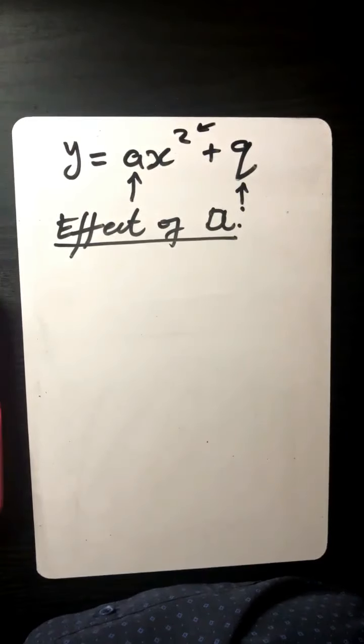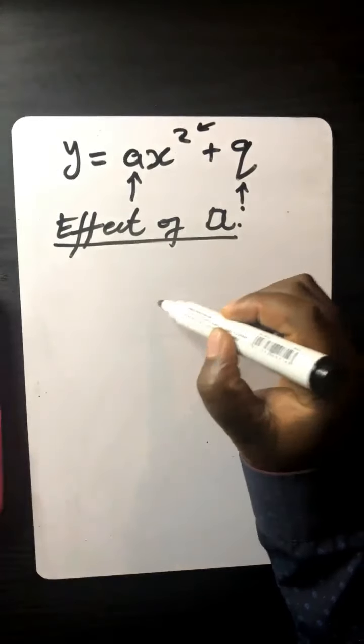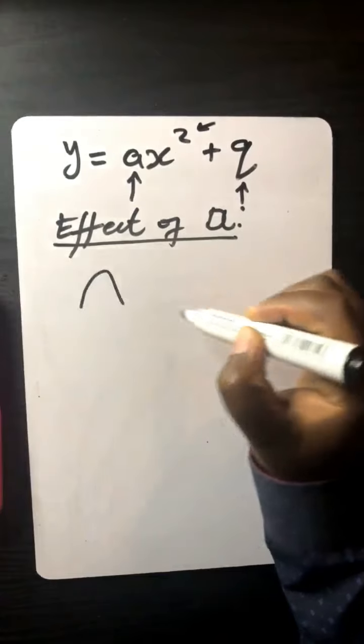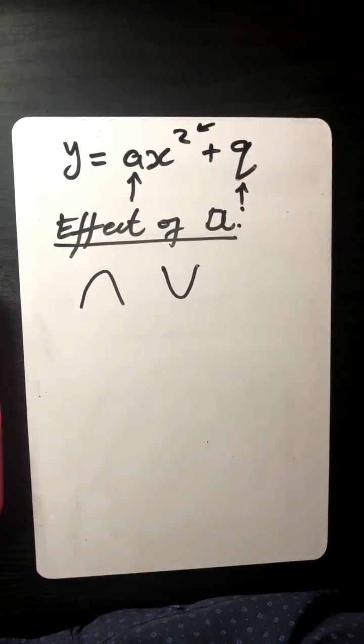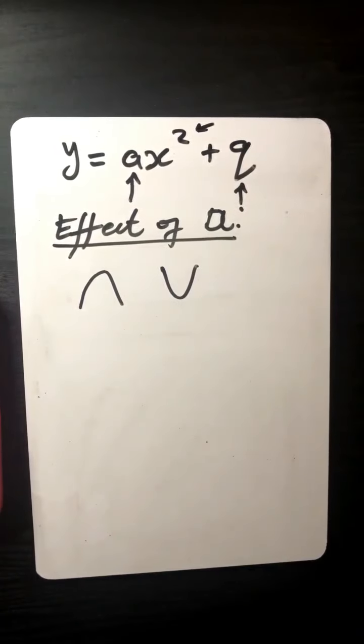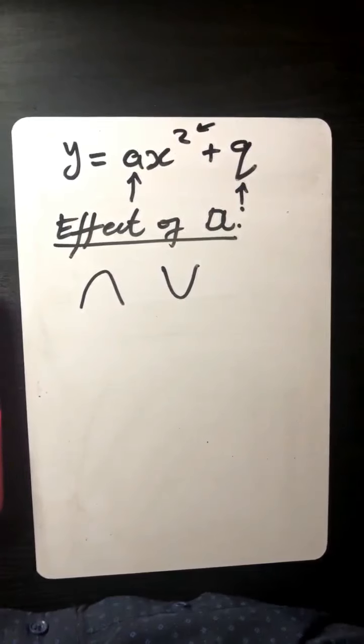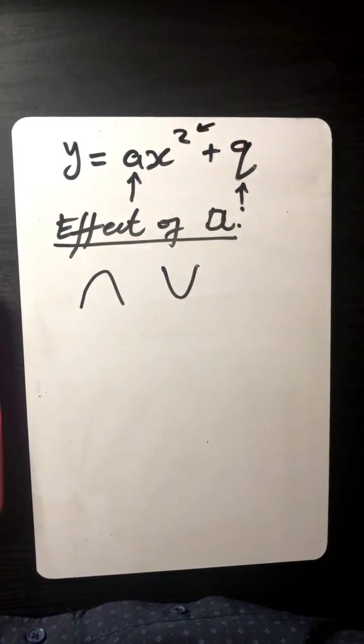Already you know that a has an influence on the shape, being either that shape or that shape. Do you still remember that part, Shreyas? Yes, sir. So you do understand that part, isn't it? Yes, sir.